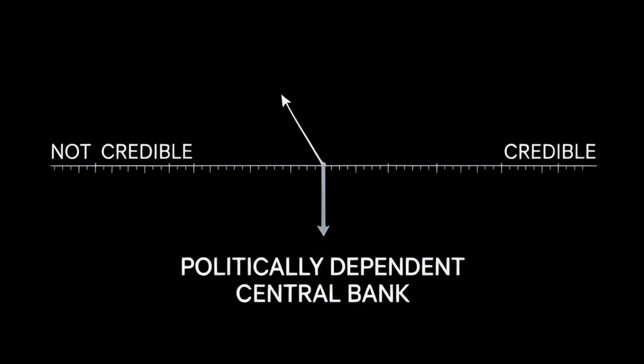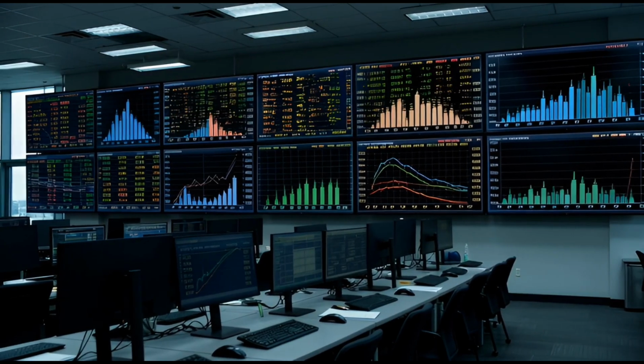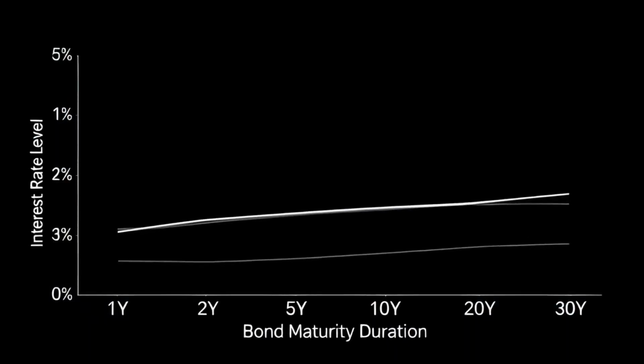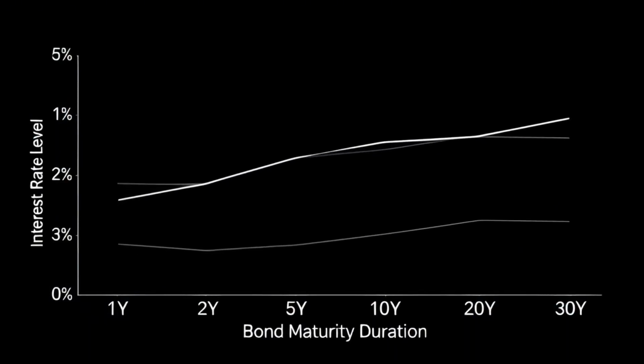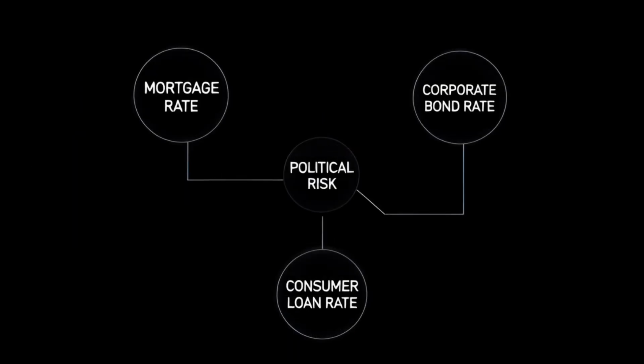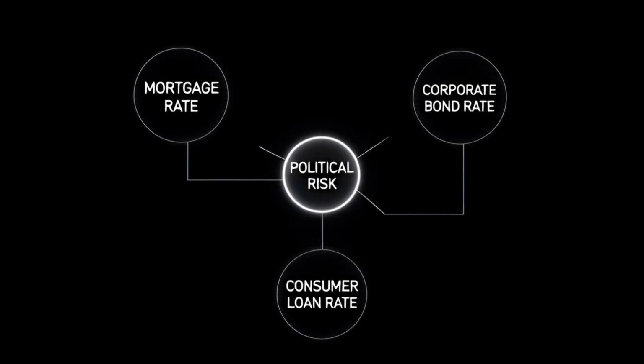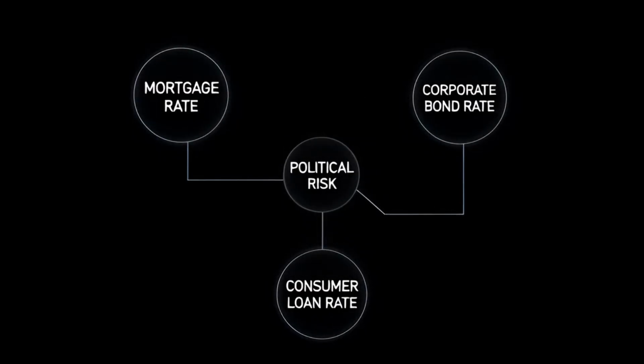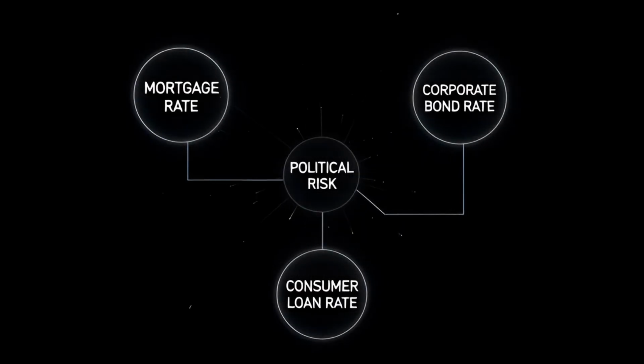A central bank that simply executes the preferences of whoever holds political power is not a credible institution. Markets understand this. When markets believe a central bank will sacrifice price stability for political convenience, they price that expectation into every interest rate, every bond, every investment decision in the economy. The cost of political dependence is embedded in borrowing costs across the entire financial system.